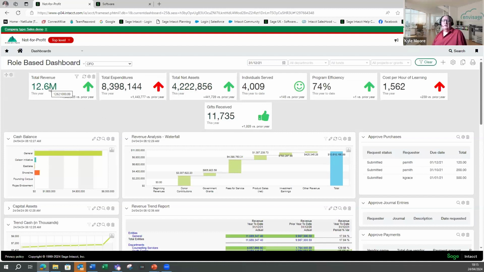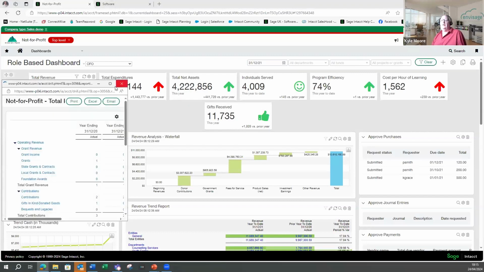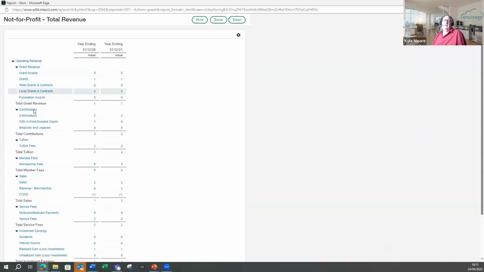The performance cards, as well as giving you those headline bits of information, unlike other systems like Power BI, don't require some sort of overnight update before we look at the figures. As we're drilling into these figures, they are live information. If I wanted more detail on the total revenue, I can drop into the value, which then shows me the different income streams that we have.